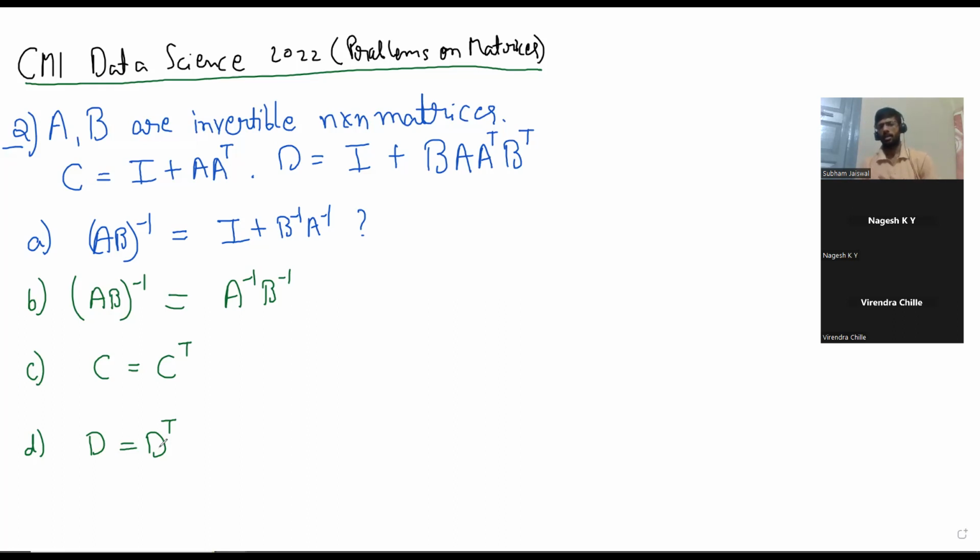The very first thing that you see is (AB) inverse. So this is the inverse of a product of two things, right? What do we know about this? What is this equal to? B inverse A inverse, right?